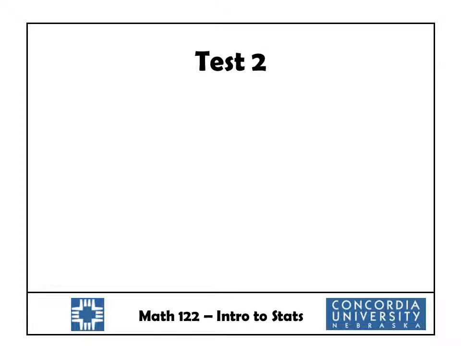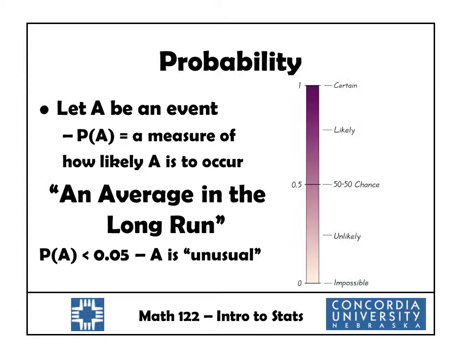Test 2 covered chapters 4 and 5, which dealt with probability. So remember that an informal meaning of probability is that a probability is a measure of how likely an event is to occur. Probabilities take values between 1 and 0, and we interpret a probability as an average in the long run.